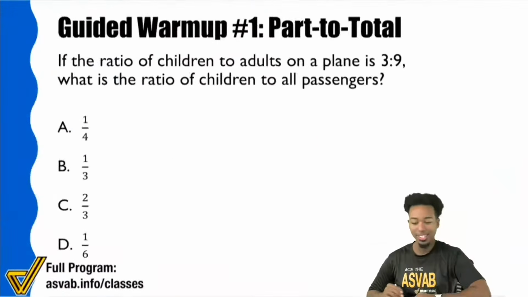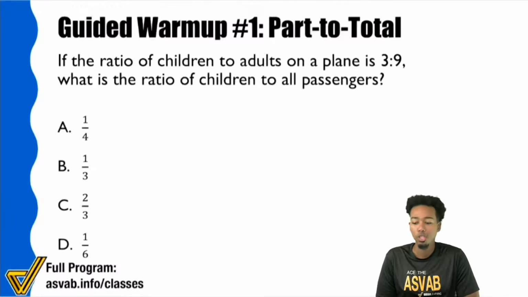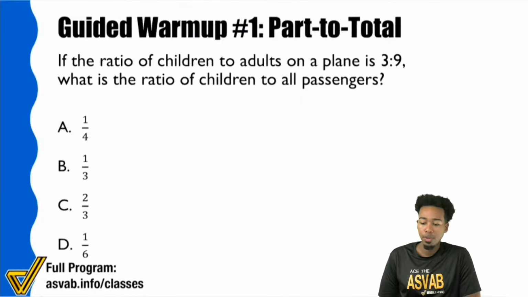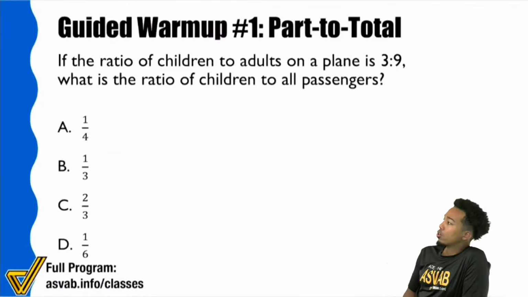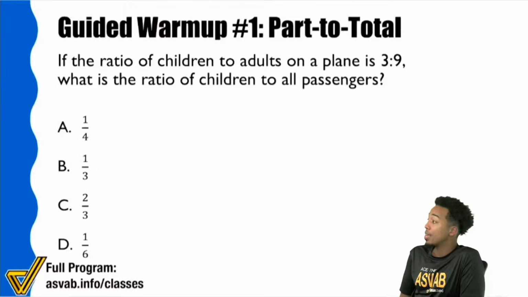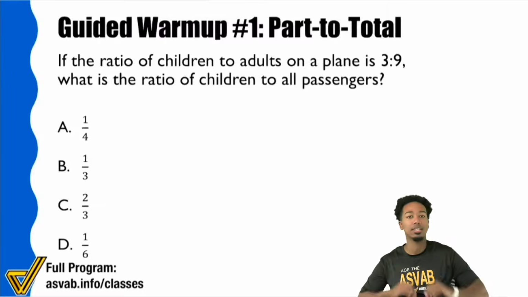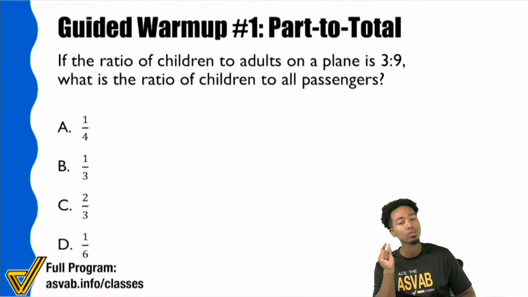Let's go ahead and start talking about part to total. With that said, my party people, let's get in here. Part to total is the type of problem that people get confused on left and right. But if you are paying attention to those little details, you're good.